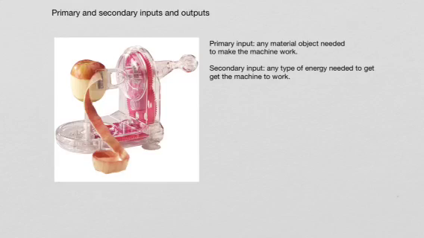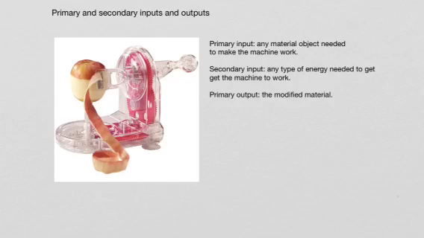So now that we know what we need to get the machine working, let's talk about the different types of outputs that we are going to have, starting with our primary output. In any case, anytime you have a material primary input, so an object, the primary output is going to be that modified object.